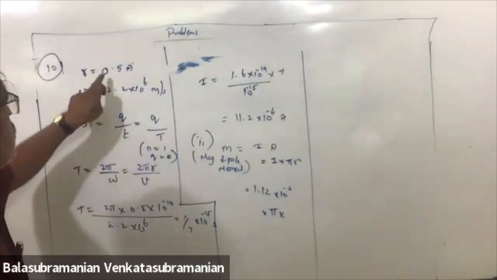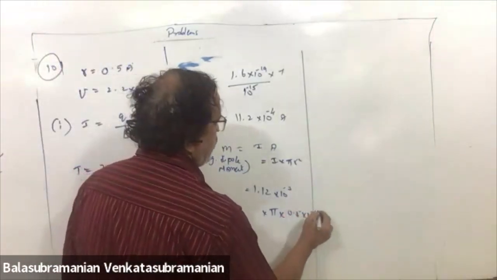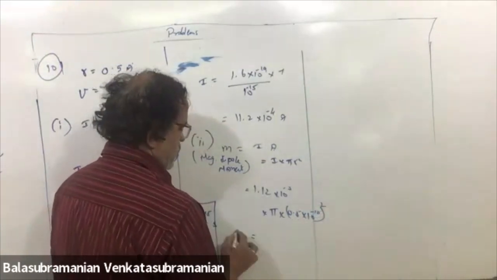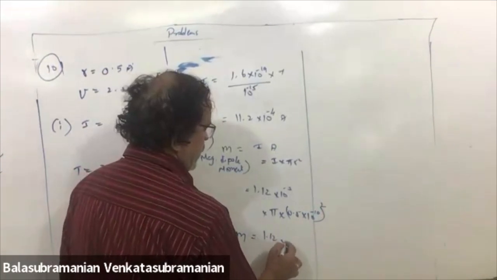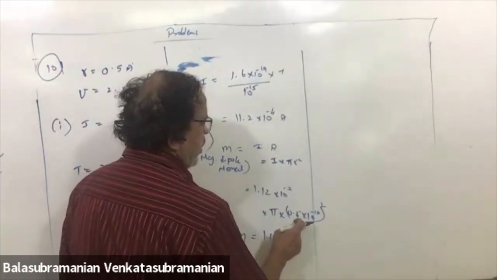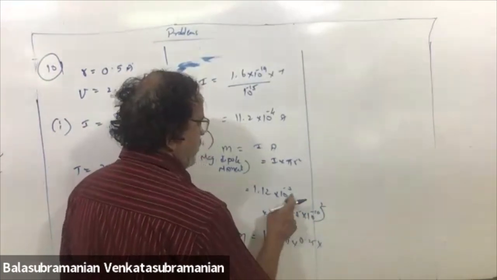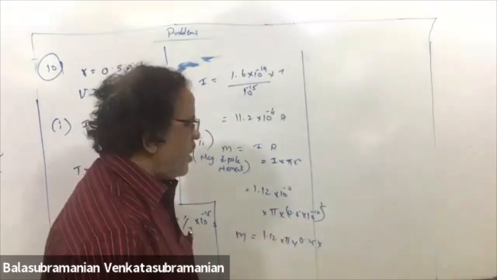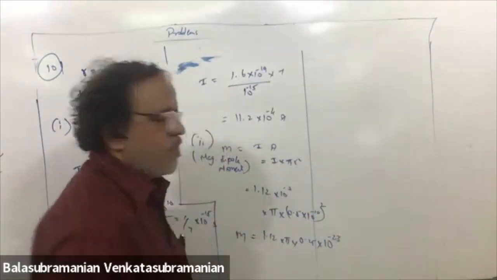R is the distance, 0.5 into 10 power minus 10, the whole square. 1.12 into pi, 0.5 square is 0.25. 10 power minus 3 minus 10, the whole square is minus 20, so minus 23. Simplify.